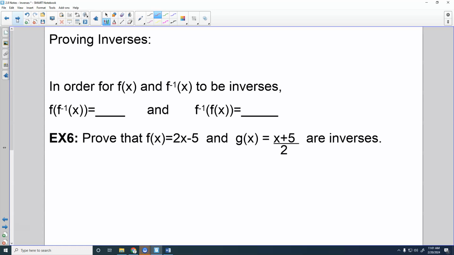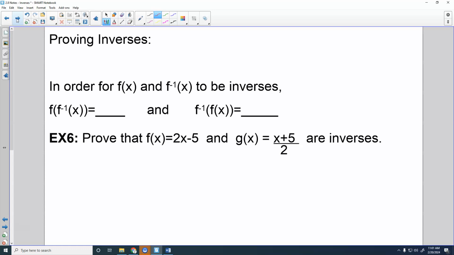All right, what we need to look at for inverses, whenever we are asked to prove that two things are inverses, what we might be inclined to do is to switch our x and y's and solve, right? Our process that we do whenever we prove that things are inverses.